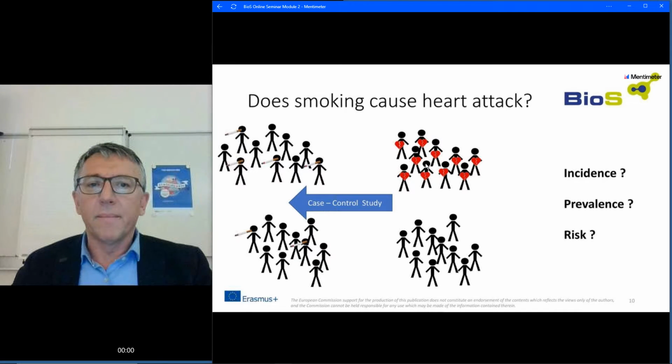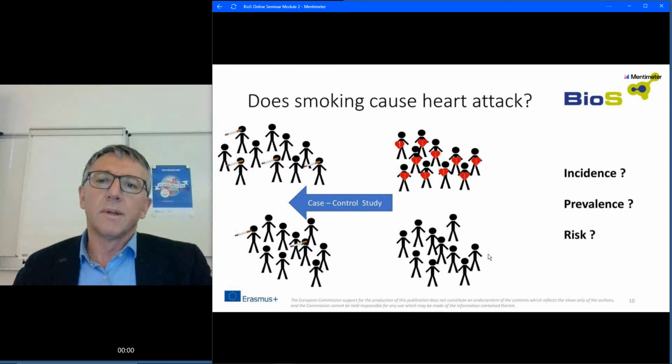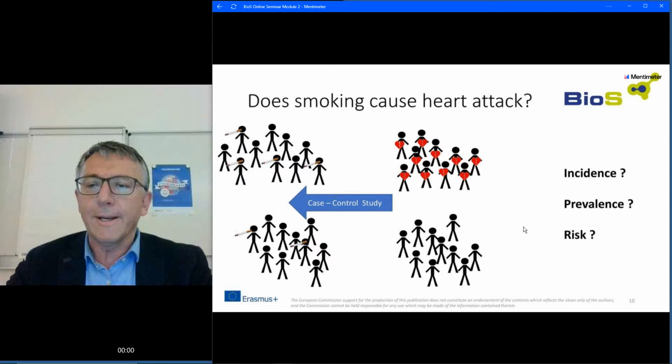Now the question is, can you, from counting the individual numbers, calculate incidence, prevalence, and risk? Can you calculate the risk of having smoked and developing a heart attack? Can you calculate the incidence of a smoker developing a heart attack, or the prevalence of smokers among those having a heart attack?